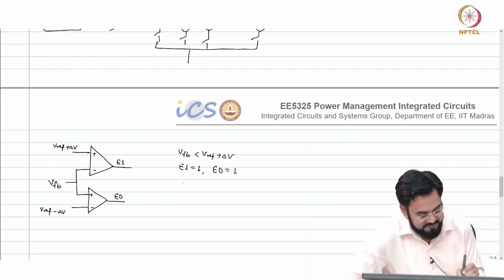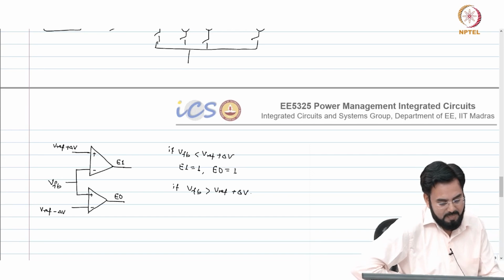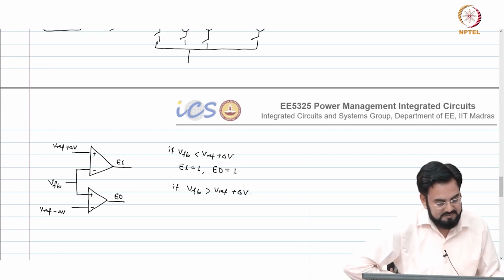Okay, and if VFB is greater than Vref plus delta V, then this will go to 0.